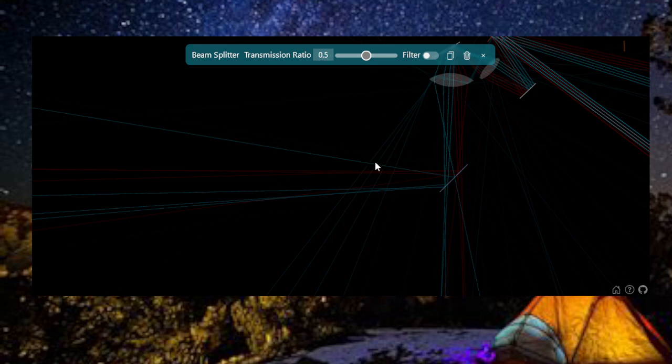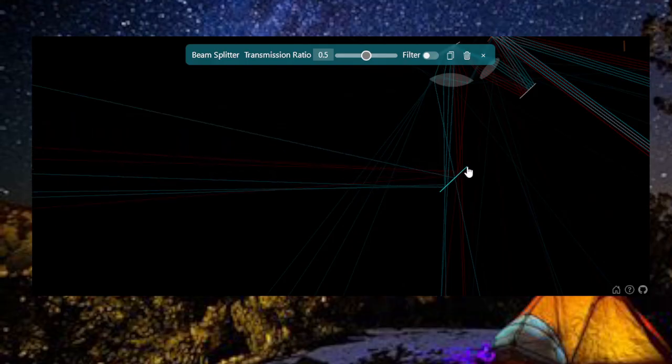I think that's that weird beam over here on the end. This should be like 45 degrees.